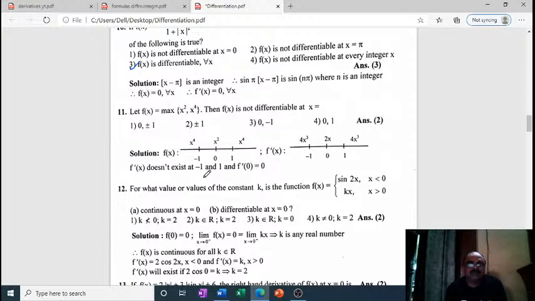One more. Let f of x be the maximum of x square and x power 4. Then f of x is not differentiable at which points?